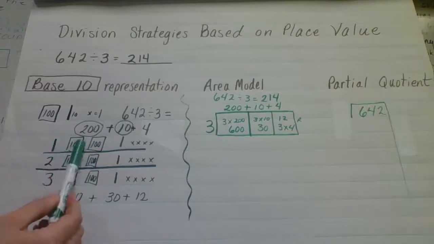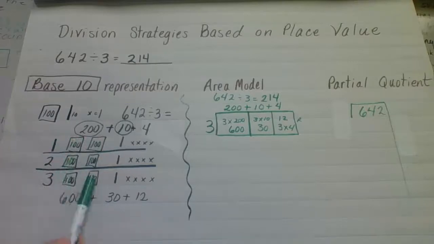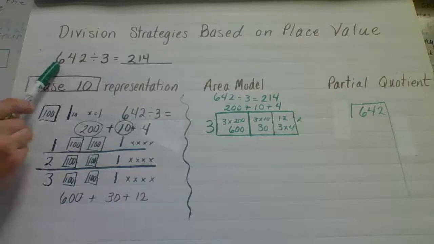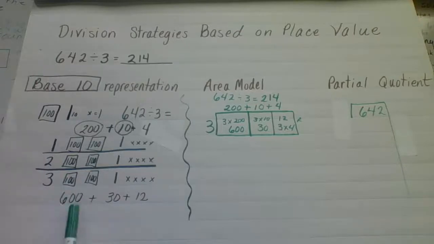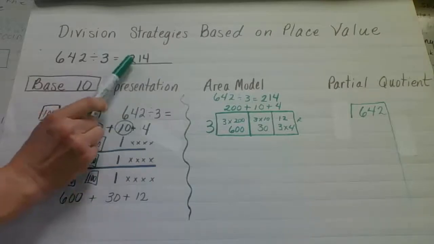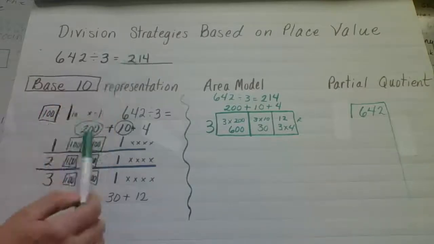We can start placing them out, 200, 200, and 200, because I know 2 times 3 is equal to 6, and I have hundreds. So of the total 642, I have shared 600 between the 3 groups, and there's 200 in each group. So my quotient represents how much is in each group.